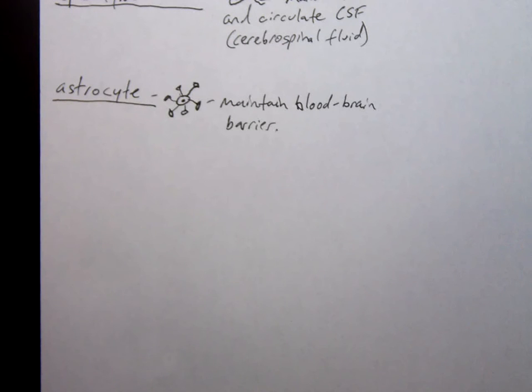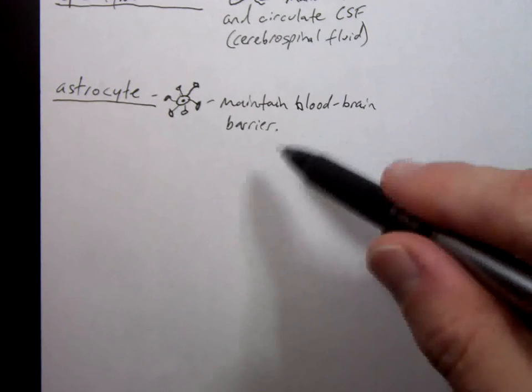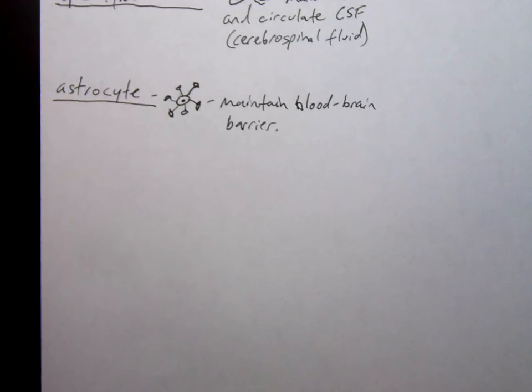But it can't come into direct contact with all of the contents of blood because some of the contents of blood are toxic to the brain. And bear in mind, your brain is basically an electrical organ bathed in a fluid. There's a lot of things that can mess with the electricity of the brain, how cells interact, the chemistry of the brain, and what happens in between the cells.